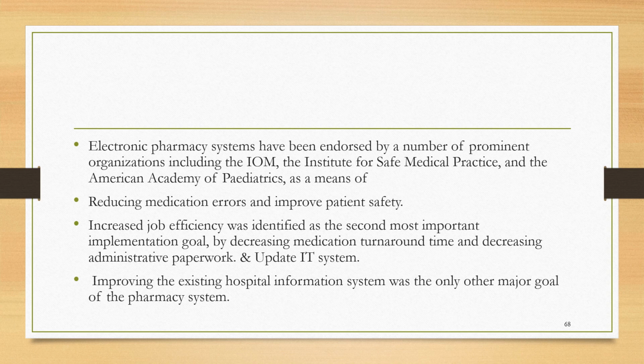Increased job efficiency was identified as the second most important implementation goal by decreasing medication turnaround time and decreasing administrative paperwork and updating the information technology system. And finally, improving the existing hospital information system was the only other major goal of the pharmacy system.